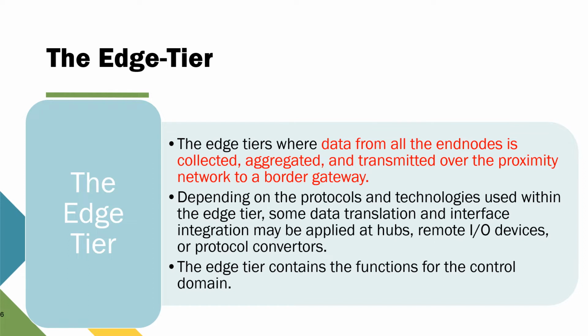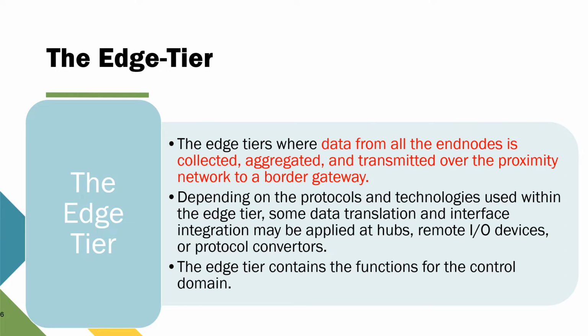Okay, so some data translation and interface integration may be applied at this hub, and then remote input output devices or protocol converters. That's what I mean. They convert it into some readable data so that it will be easier for the next platform to analyze the data.